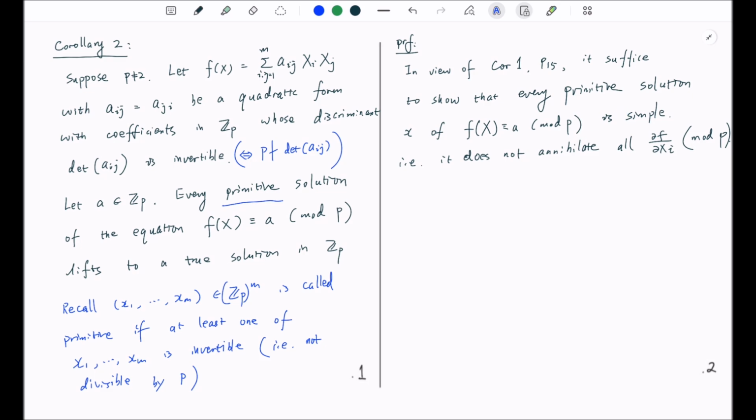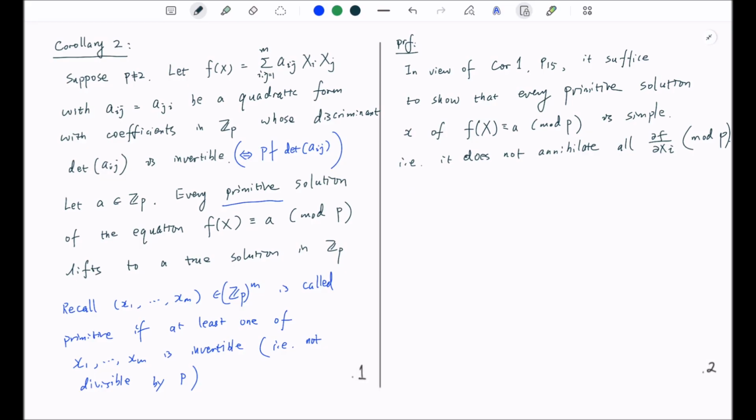Now let us prove this by contradiction. Suppose there is a primitive solution that is not simple. Namely, that root will annihilate all partial derivatives modulo p. What does that mean?